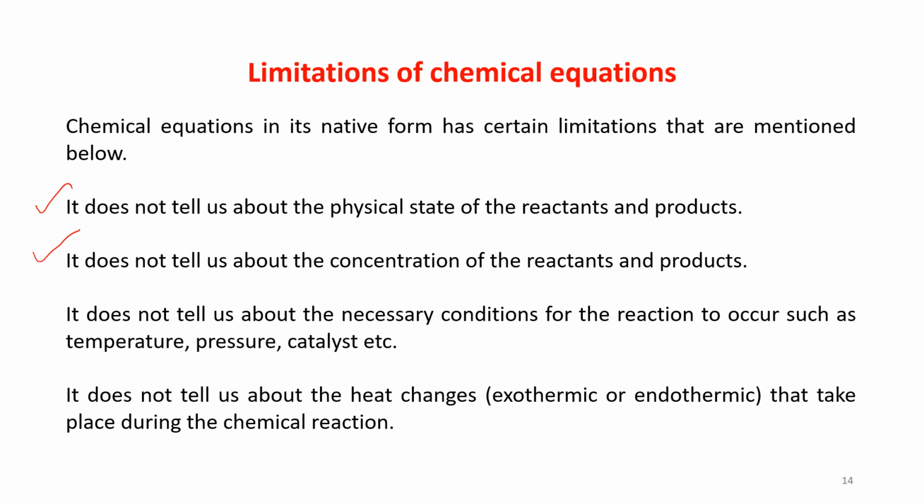Third, it does not tell us about the necessary conditions for the reactions to occur, such as temperature, pressure, catalyst used or not. The fourth one, it does not tell us about the heat changes, whether it is exothermic or endothermic, that take place during the chemical reaction.